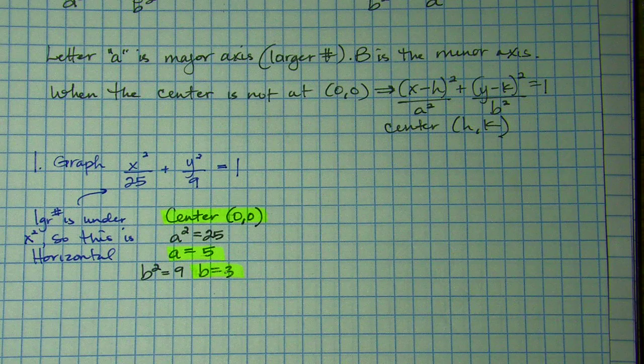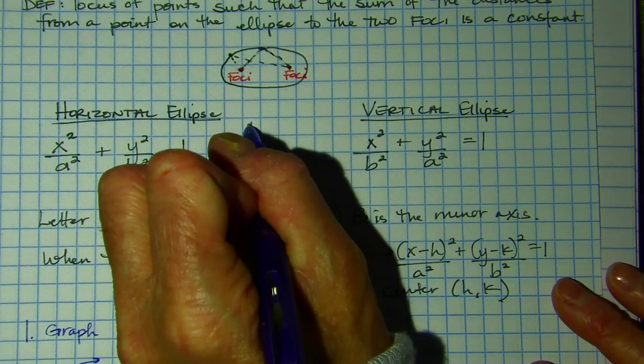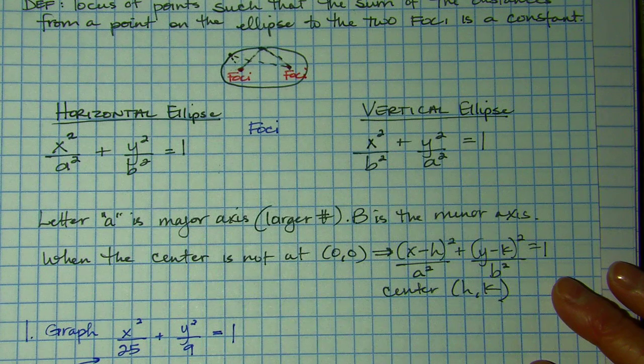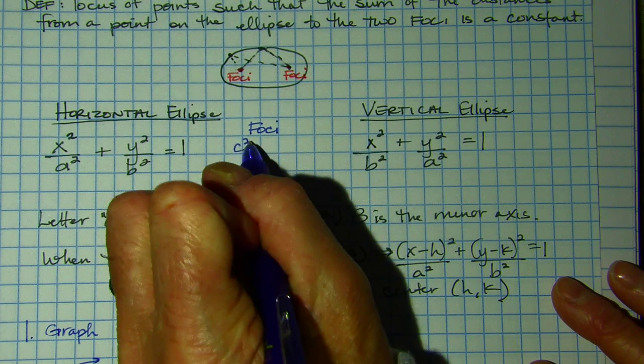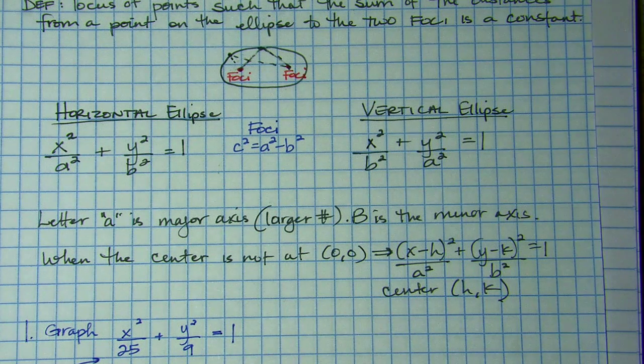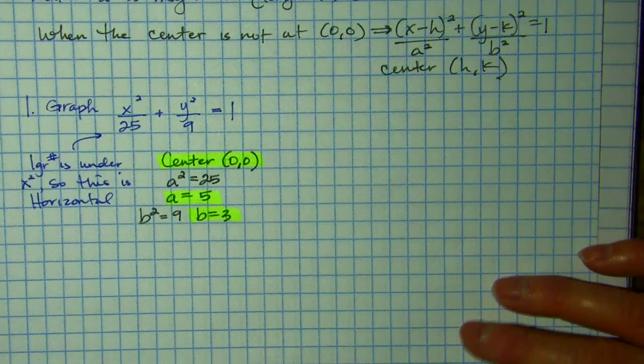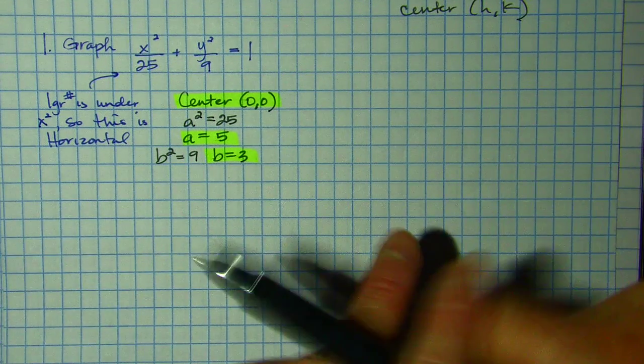So I'm going to use these three pieces of information here, my center, A, and B. And I'm going to go ahead and find our foci, even though it doesn't ask. The formula for our focal points, or foci, is c squared equals a squared minus b squared. Notice that looks just like the Pythagorean theorem with a slight difference.